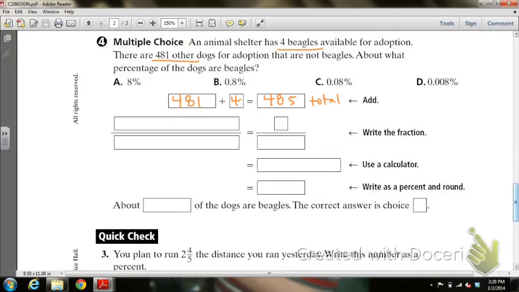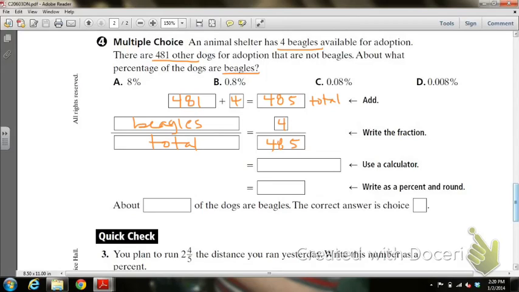Okay? So what percentage are beagles? Well, percent is always going to be what you want, which is beagles, over the total. In this case, we have 4 beagles, and the total is 485.